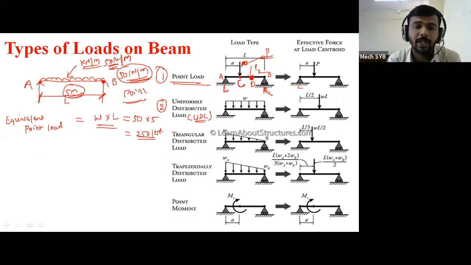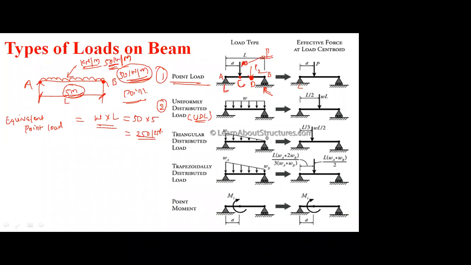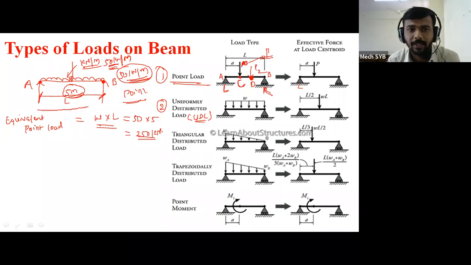If we are converting your UDL value into point load, that point load always acts at the center point of the UDL. Now please tell me, what will be the center point of the UDL from point A and from point B? L by 2. L by 2, correct. This is L by 2. The center point means this is L by 2. This is L by 2 means 2.5 meter, 2.5 meter. Getting it? UDL always acts at the center point of the length.